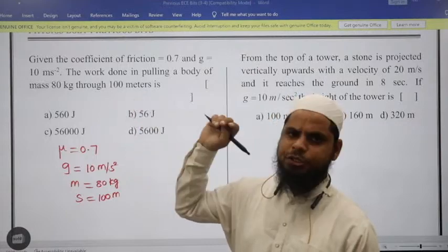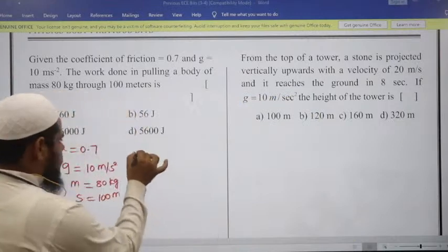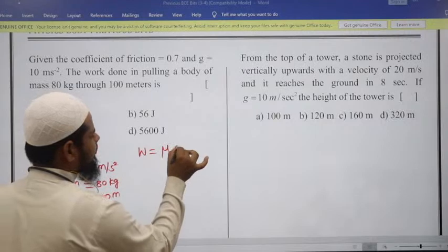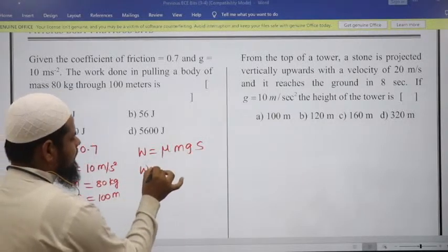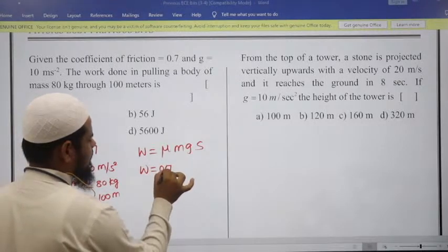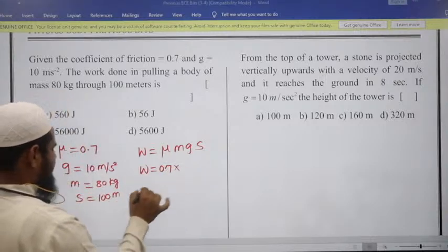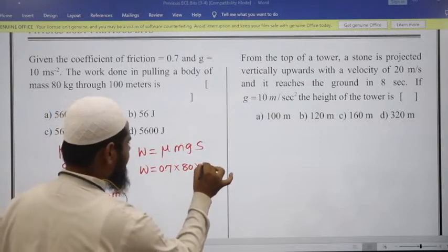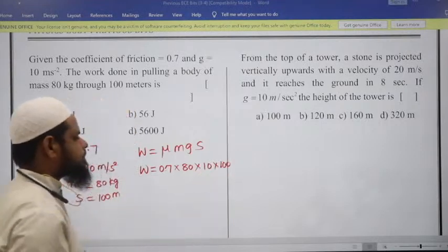So the friction formula, W is equal to, what is the formula? Mu mgs. In that case, W is equal to 0.7 into mass 80 and g value 10 and the distance 100.